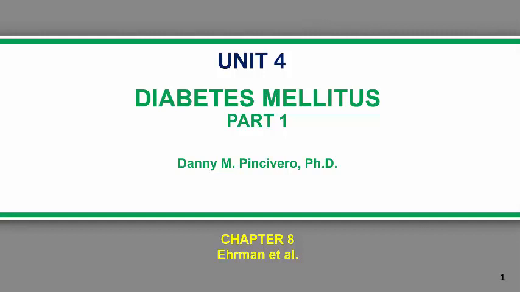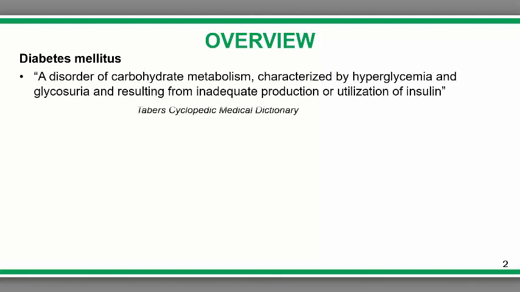In this lecture, we're going to provide a brief introduction to diabetes mellitus. And just to provide you with this overview, diabetes mellitus is defined, and this is a medical dictionary definition, as a disorder of carbohydrate metabolism. And it's characterized by hyperglycemia, which is an abnormally high level of blood glucose, as we'll discuss in this unit, and glycosuria, which is an abnormally high level of glucose in the urine.